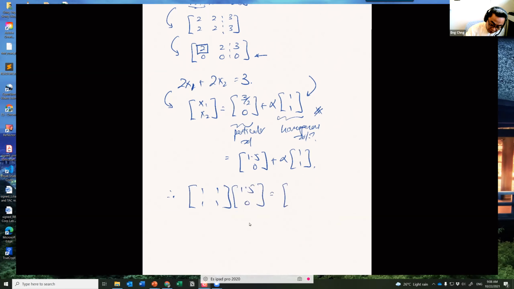What we get is 1.5, 1.5. This is y hat. What was y? Y was 1, 2. Comparing y hat to y, it looks quite close because the first element is off by 0.5, the second element is off by 0.5. Therefore, E equals y minus y hat equals 0.5 and minus 0.5.